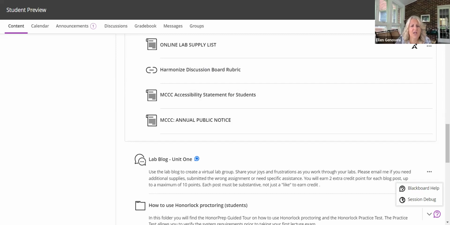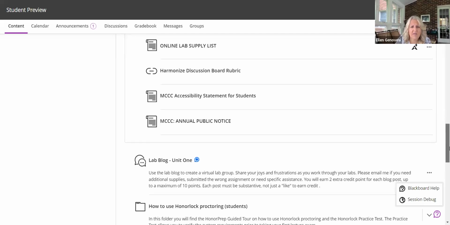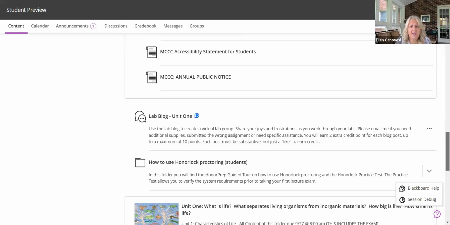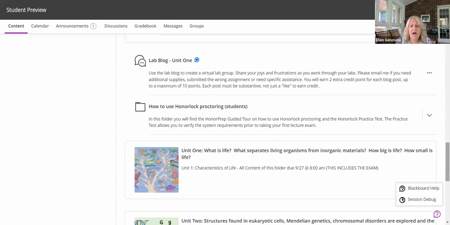If your instructor is not using Harmonize, they would have a rubric for a traditional discussion board post, and some accessibility statements. For my class, I run a lab log, and you earn 2 extra credit points for each post, up to a maximum of 10 points. Your instructor may have another way for you to interact with your lab mates and earn some extra credit points.